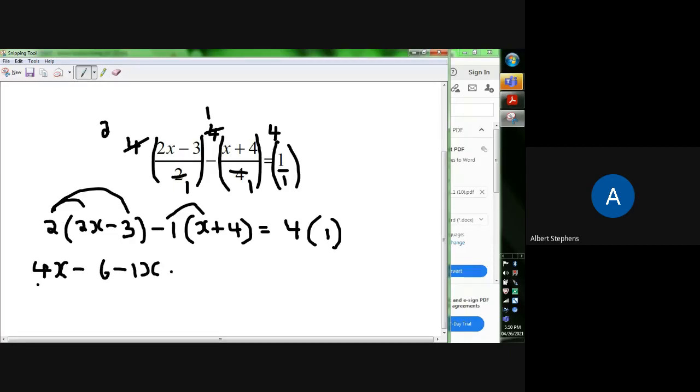And what sign goes right here? It will have to be a negative, because a negative times a positive gives you a negative. And what's 1 times 4? 4. And 4 ones is also 4. Any questions?